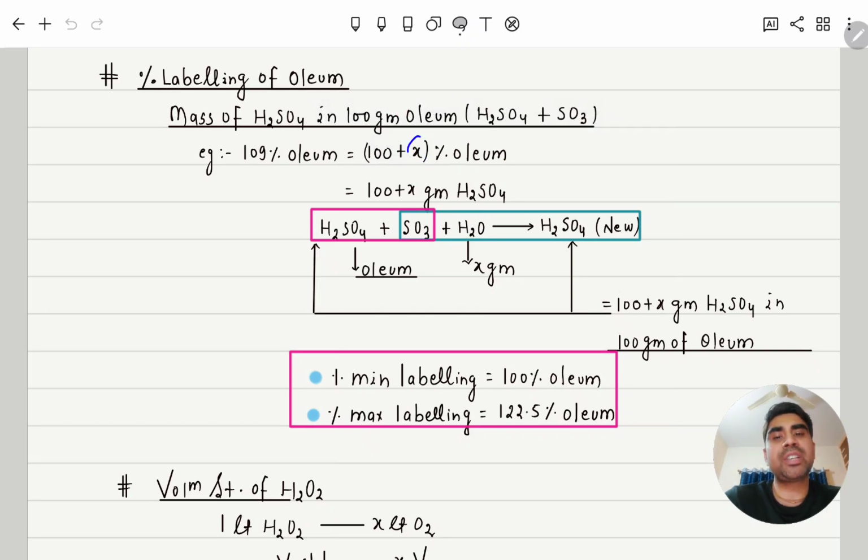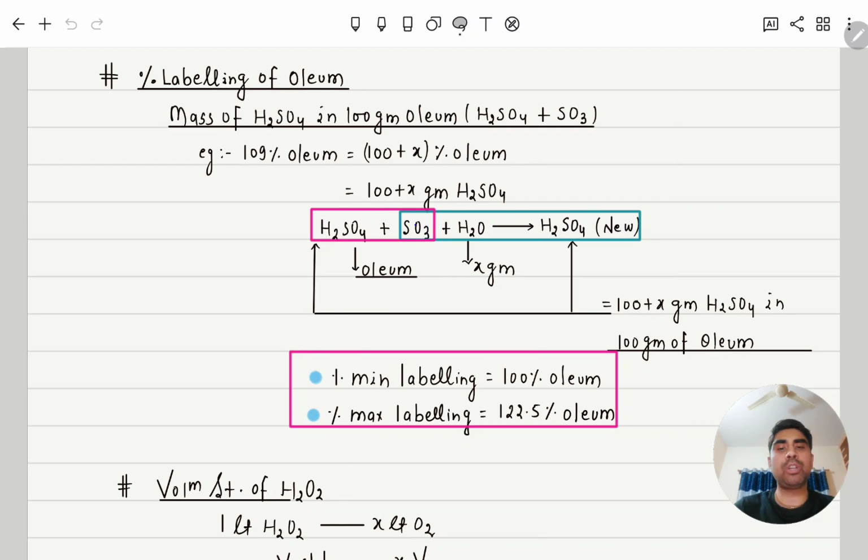of oleum. X is here representing the amount of water, or we can write this also as 100 plus X gram of H2SO4. Suppose I am telling 100 plus X percent of oleum, means in that X gram of what is there? Water. So from X divided by 18, what will I get? Mole of water.